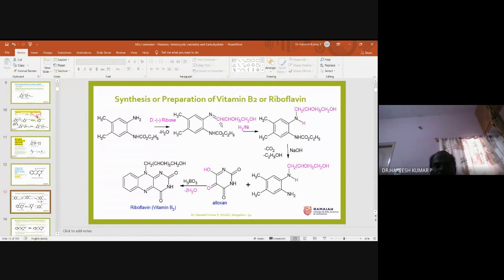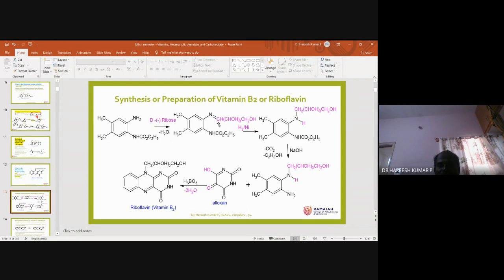Ribose means a five-carbon sugar, an aldopentose. Aldose means CHO is there. That CHO reacts with NH2, with removal of water. H2 from here and O from the ribose go out, forming a Schiff base. This is called a Schiff base.